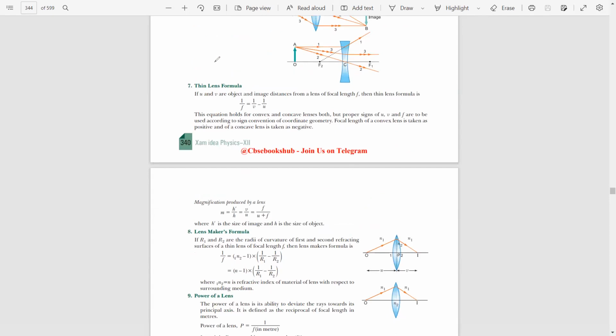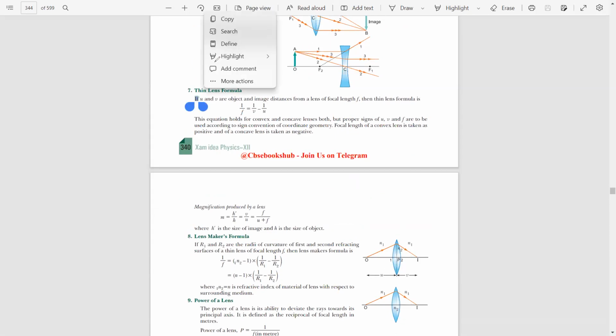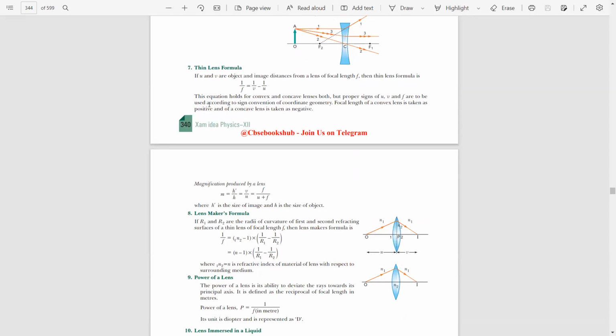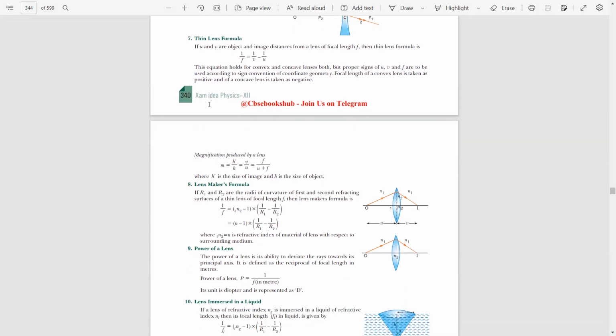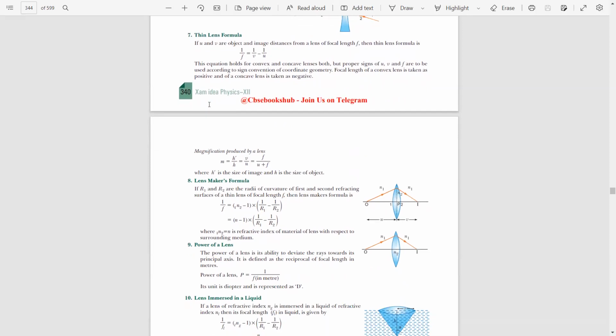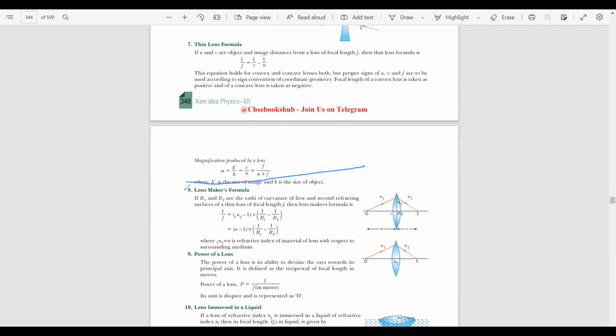Thin lens. 1 by f equals 1 by v plus 1 by u. So this is important. This you know already till here. Till here, everything you know. But you need to remember this one also.